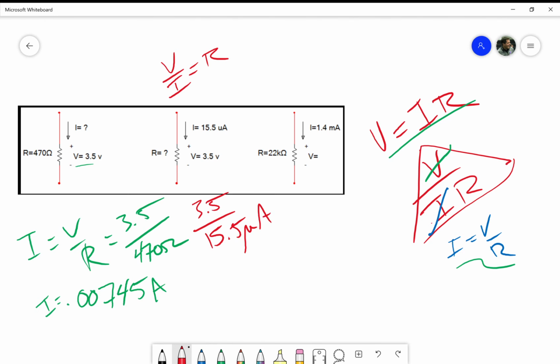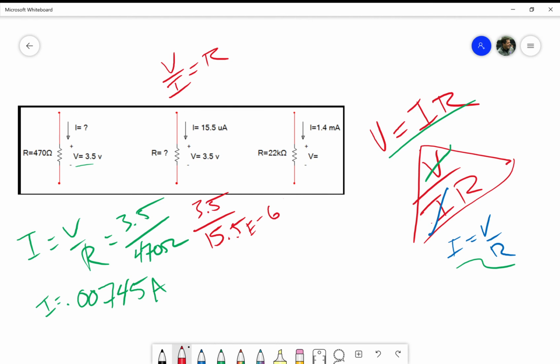Micro is 10 to the negative 6, so that's the same as writing times 10 to the negative 6. Or in your calculator, you could put it as E, the two capital E's together on a TI, or the EXP button on a Casio, negative 6.